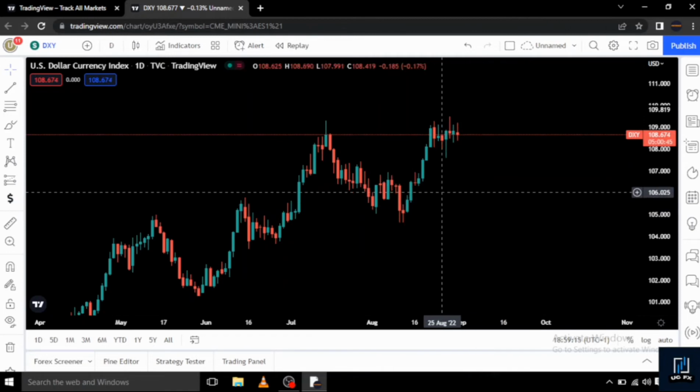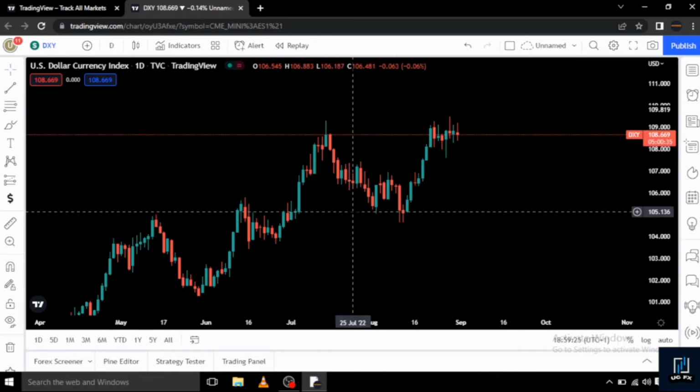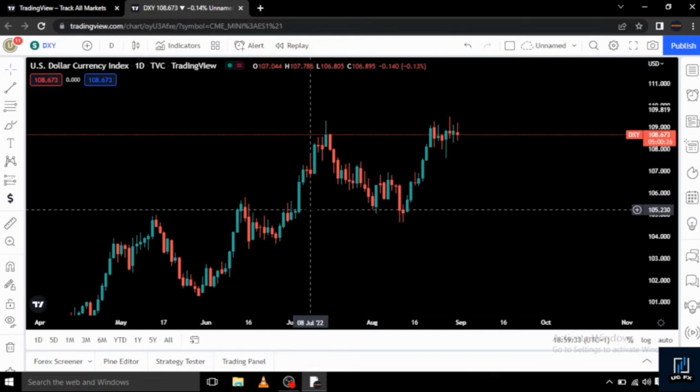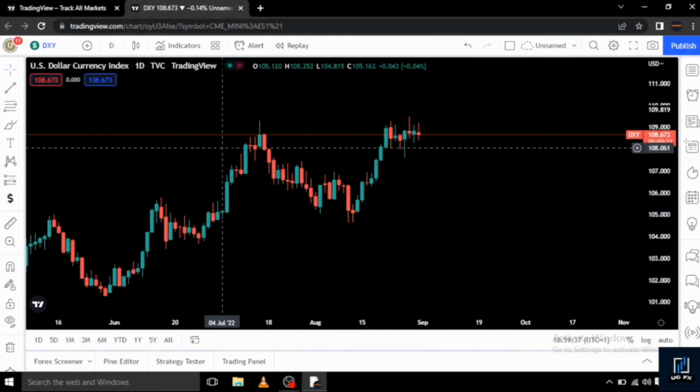Having a knowledge of the strength or weakness of the dollar index will be an outstanding confluence when you are trading the pairs that have USD in them, just like the Euro USD, the GBP USD, and the rest of them. And what do I actually mean by this? If the dollar index is bullish, just like we have here, which means the Euro USD would be bearish. So let's check the Euro USD.